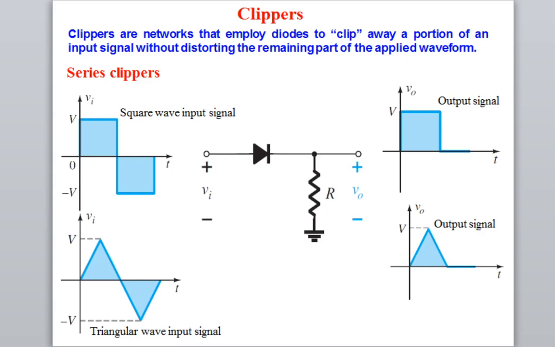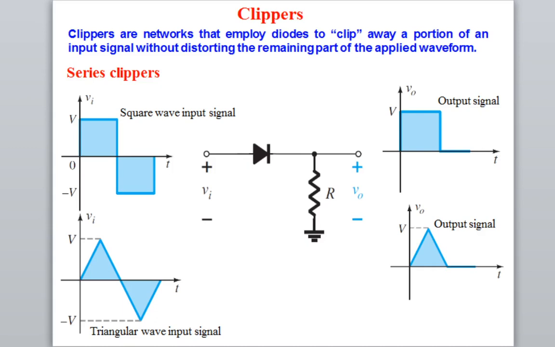If somebody asks you to define what a clipper is, then you can define it: clippers are networks that employ diodes to clip away a portion of an input signal without distorting the remaining part of the applied waveform.